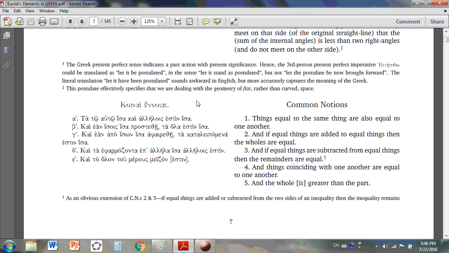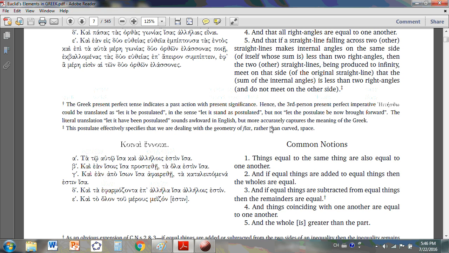So just before I finish off here, the translation here says that the imperative could be translated as let it be postulated. That's false. It can't be translated as let it be postulated or even let it stand as postulated.